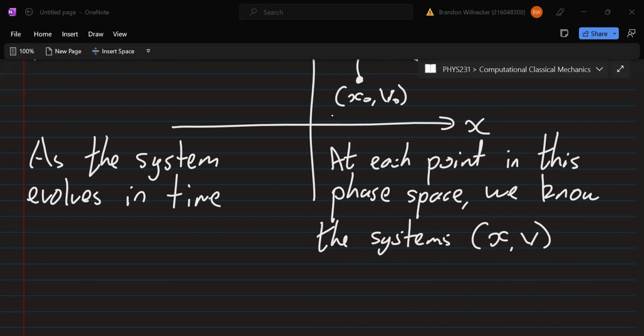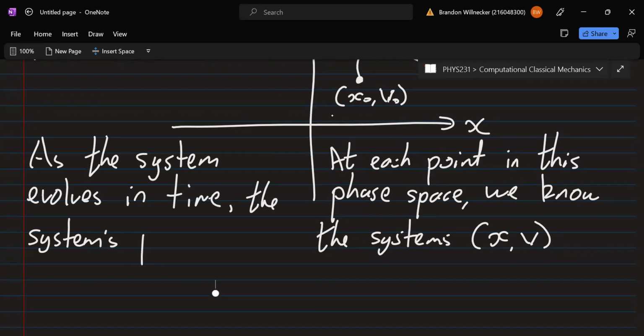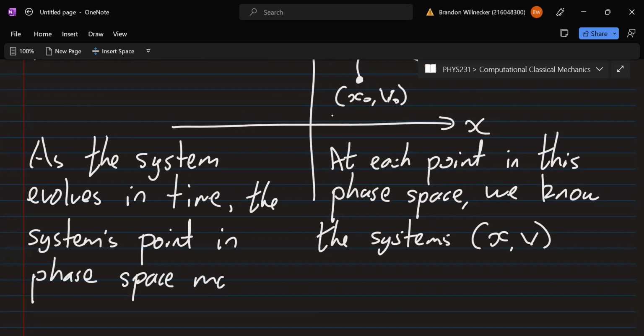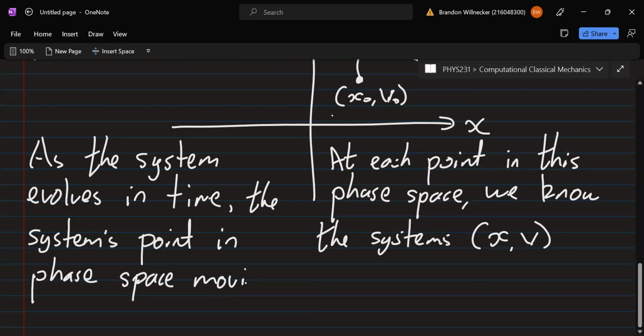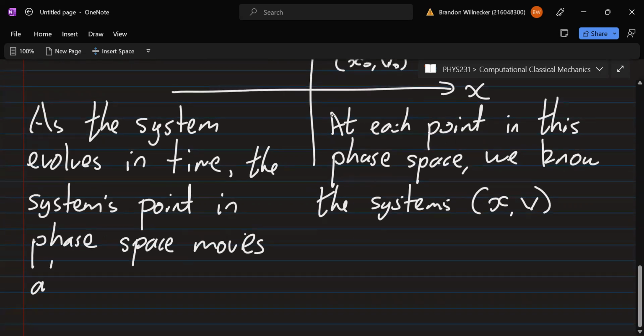So as the system evolves in time, the system's point in phase space moves along the path.